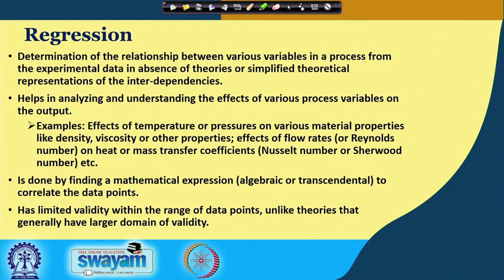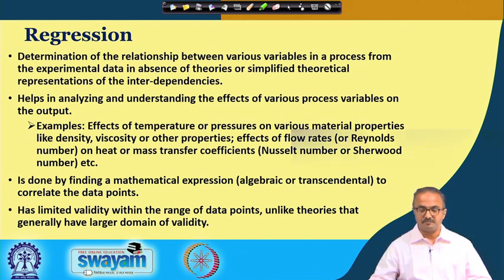Just by taking some experimental data at some specific points, we can regress those data, and by that we can also find out the values of the particular properties at some other values of temperature and pressure which are not given to us.